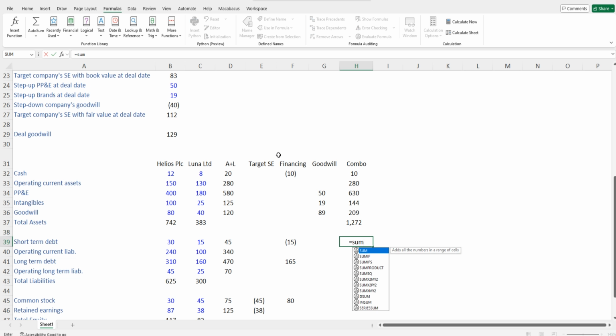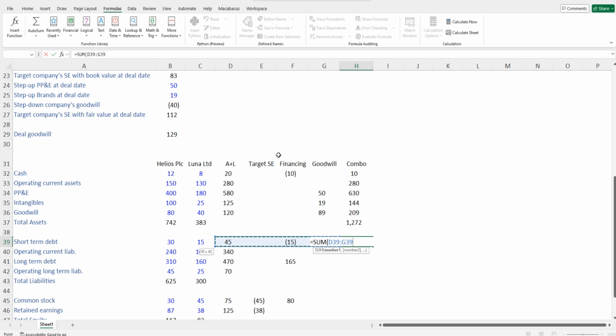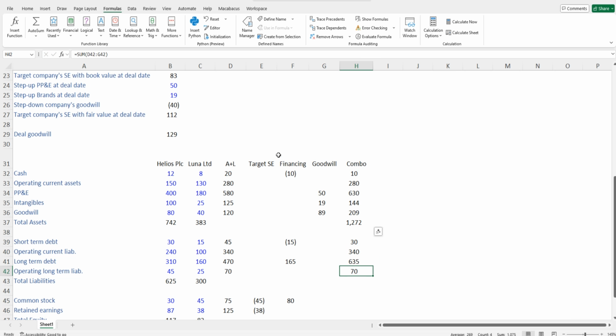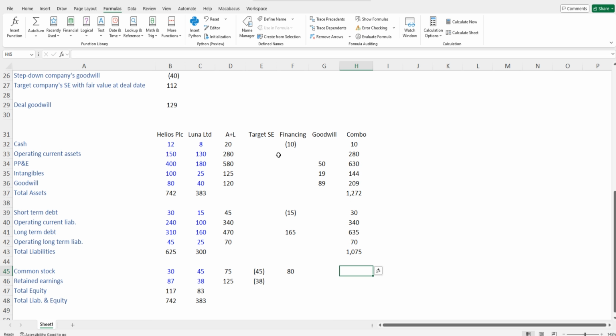You sum up the liability section as well. The next step is the shareholders' equity section. Sum them up, and we are hoping the balance sheet balances.